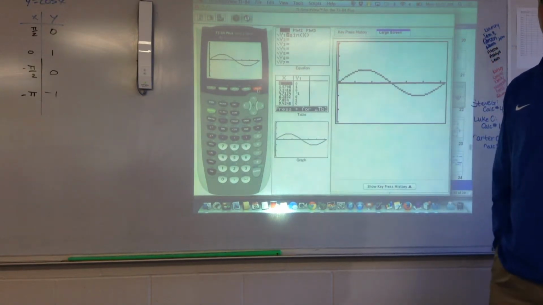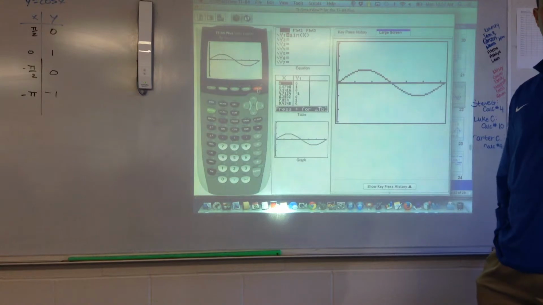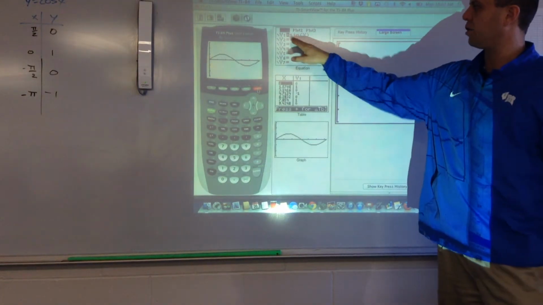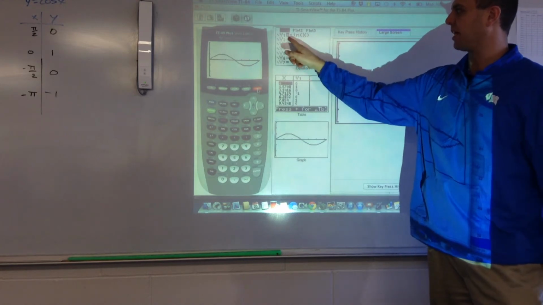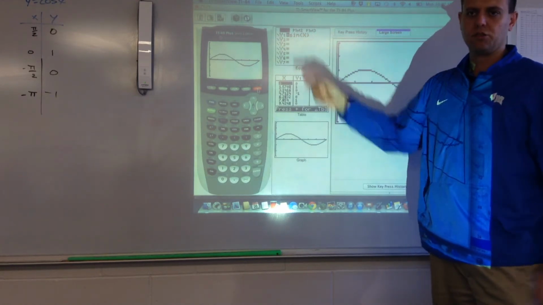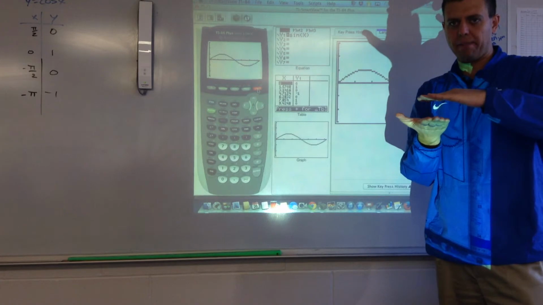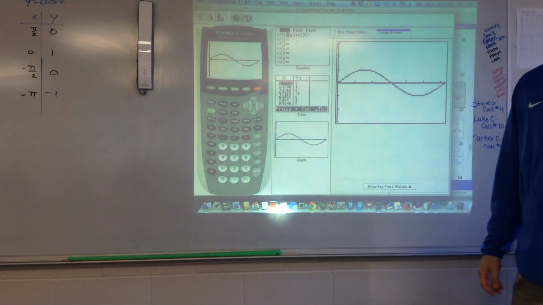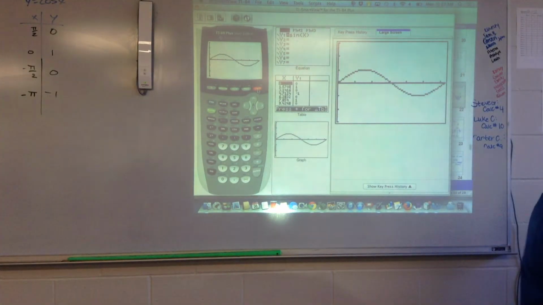To make the period be less, an idea: divide the whole thing by a number. If you divide the whole thing, like if I divide this by 5, it'd be like saying 1/5, so all that's going to do is lower my amplitude. Jake? Put a number in front of x. Yep.